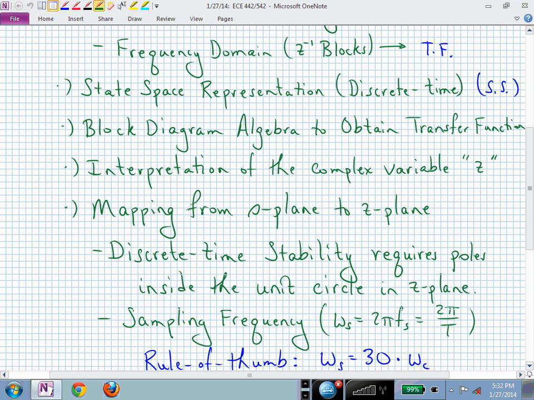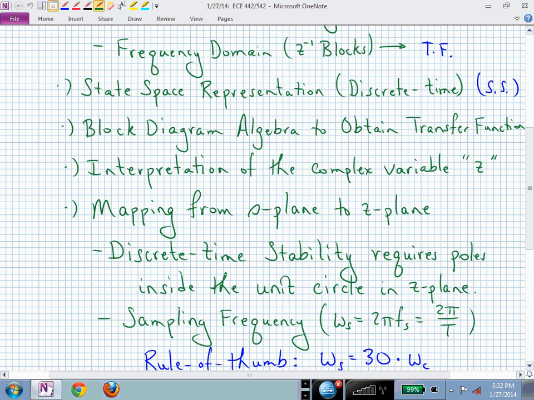We'll look at the interpretation of the complex variable z. It's maybe a little more intuitive than the s in the Laplace transform that you've been using. You can think of z now as an operator, in a way, but we'll then do some mapping between the s plane, that's a complex plane, and the z plane, which is also a complex plane, and we'll see what that leads to.